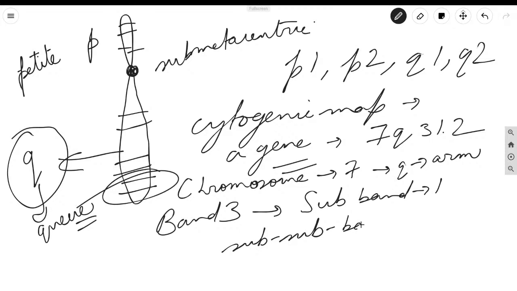So this is how you locate a gene. That is the meaning of 7q31.2, which you will see in a lot of research papers and some books. 7 is the chromosome, q is the arm, 3 is the band, 1 is the sub band, and after the point you have the next sub band.